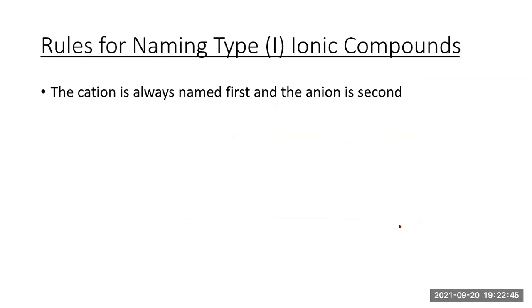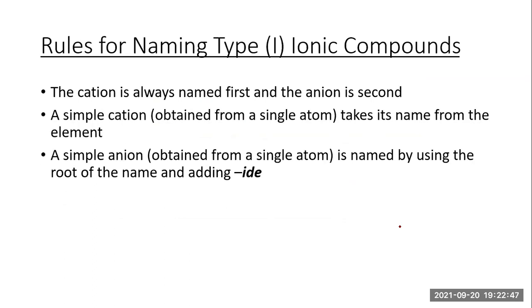So let's talk about type 1 compounds and how you go about naming them. Type 1 is pretty straightforward. Type 1 ionic compounds, again, is going to be the metal and the non-metal. And it is the metal that is that guy with a fixed charge, which means it's group 1, 2, 3, zinc, cadmium, or silver.